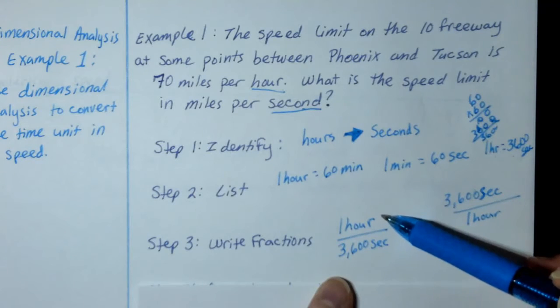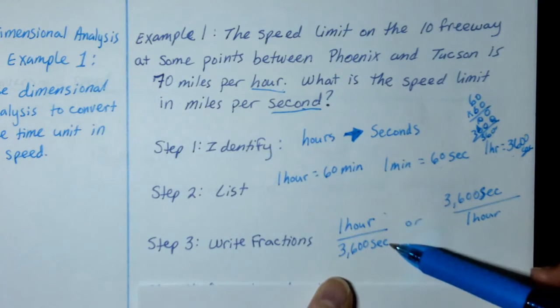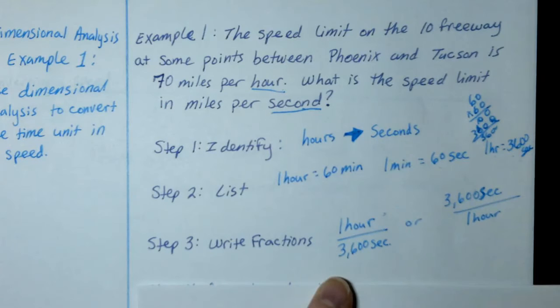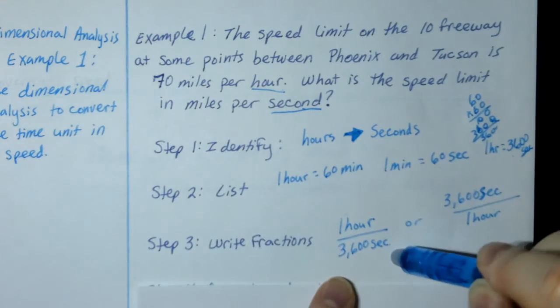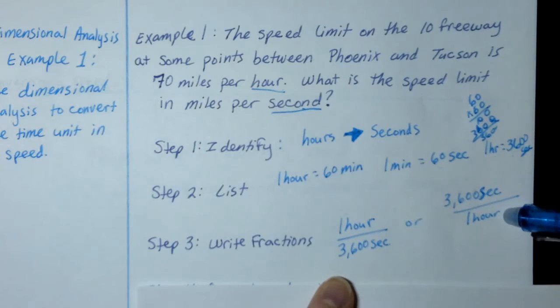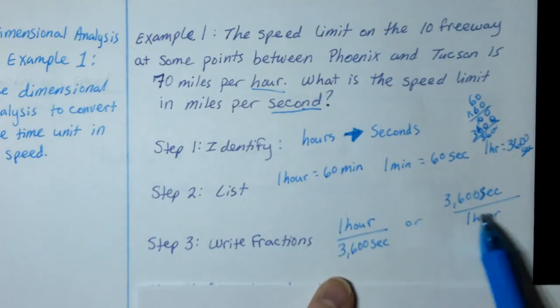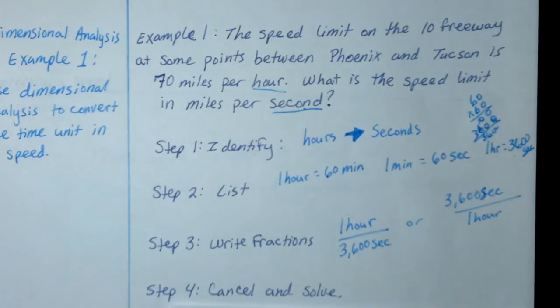So if you divide something by itself, you're going to get 1. So this is a fraction or a ratio that equals 1. This is also a fraction or a ratio that equals 1. So these are my conversion factors I can use, and I can use either one of these, whichever one is going to cancel out correctly.